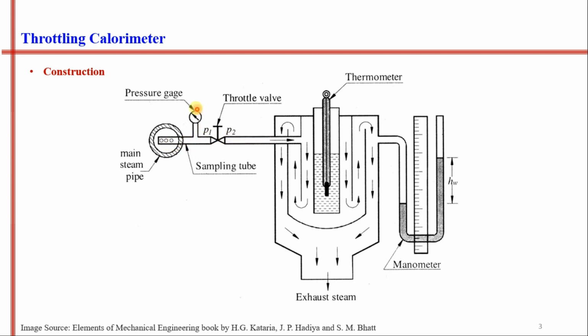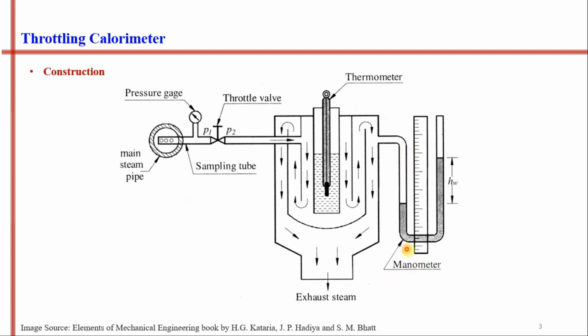On the left side of the sampling tube we have a pressure gauge to measure the initial pressure of this wet steam sample, and the steam flows through a throttling valve. The sampling tube opens into this chamber, in which we can see a sinusoidal passage, and on the right side of this chamber a manometer is connected.